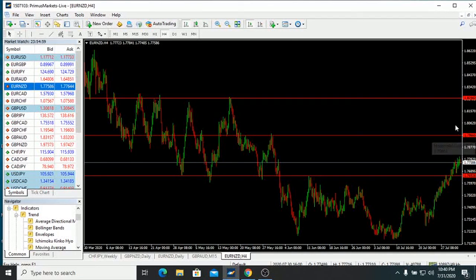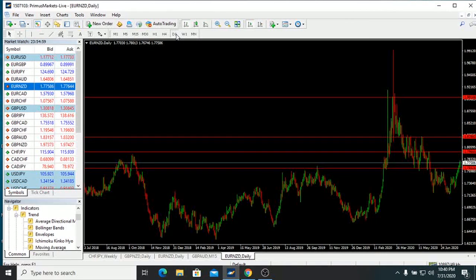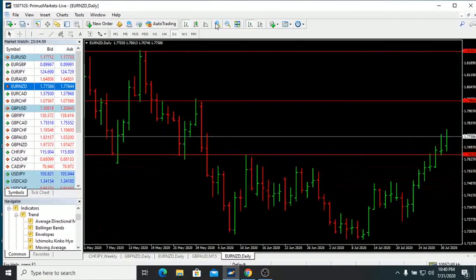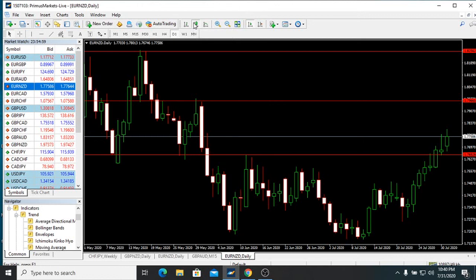Once this is broken on the daily time frame, always use the daily time frame to confirm the break. Do not use any other time frame to confirm a break. Use the daily time frame to confirm the break. So as you can see, it broke through here, it closed here, right? Maybe even if I switch to the candlestick pattern, the candles, you see it broke through here.